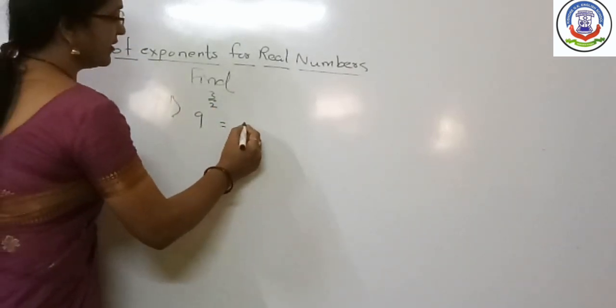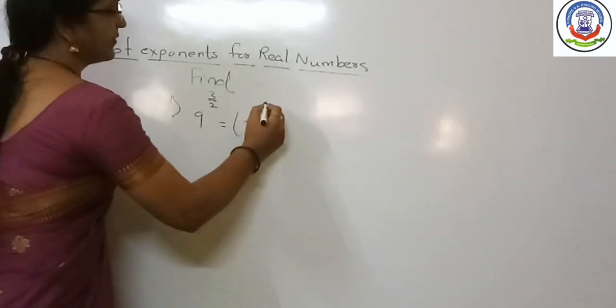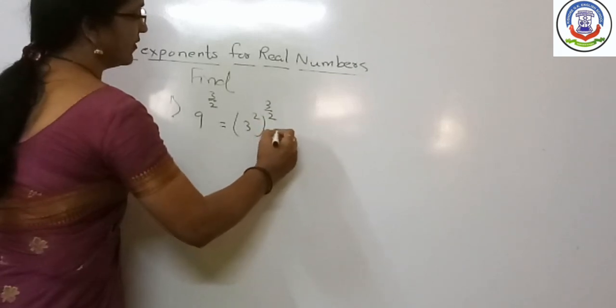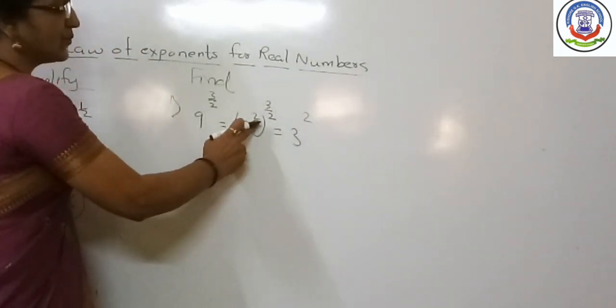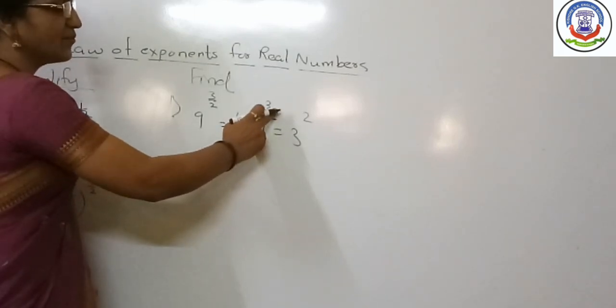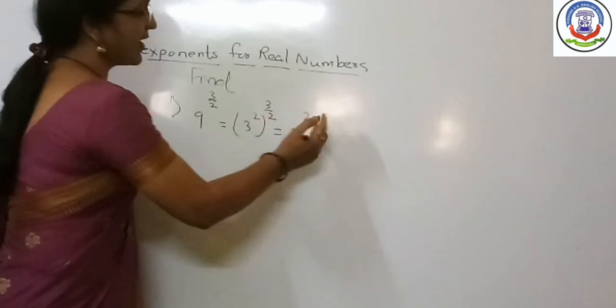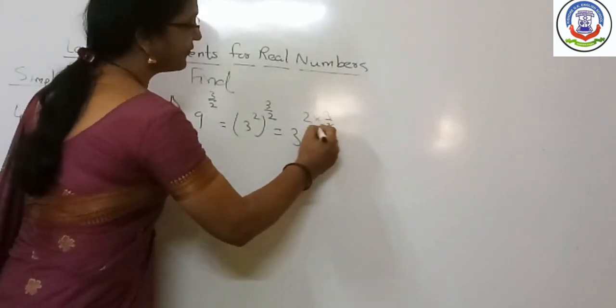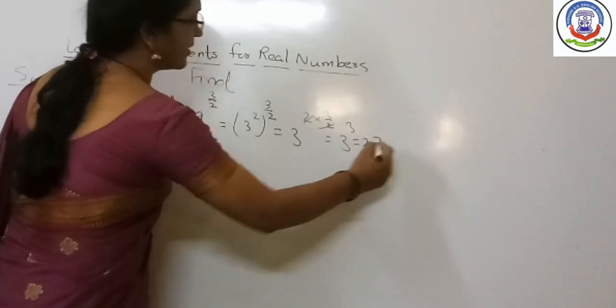So we can do it in this way. 9 means 3 square, raised to 3 by 2. Now it is in the form a raised to m, bracket raised to n. So it will be 3 square into 3 by 2, 3 cube, which is 27.